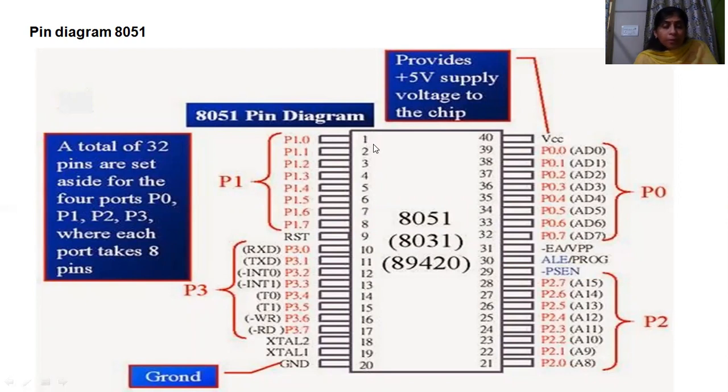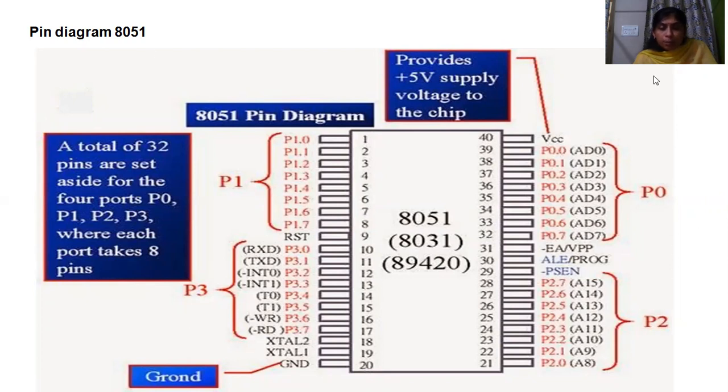From pin number 1 to pin number 8, this port 1 is there, and the names are given as P1.0, P1.1, P1.2 and so on. This P1 port is exclusively for input output data.